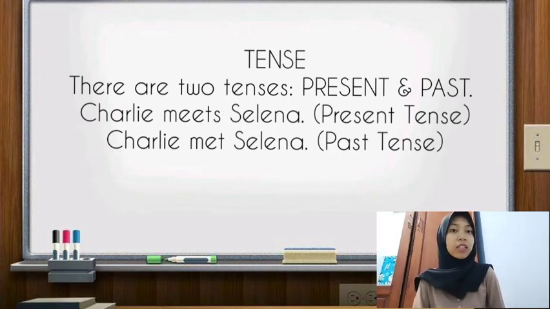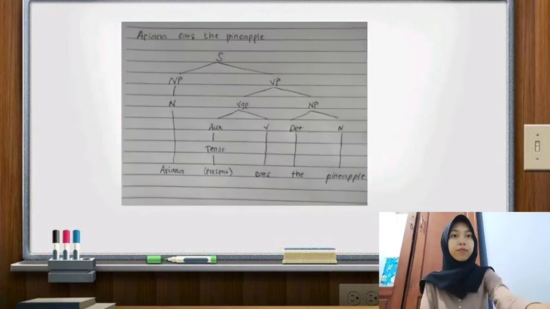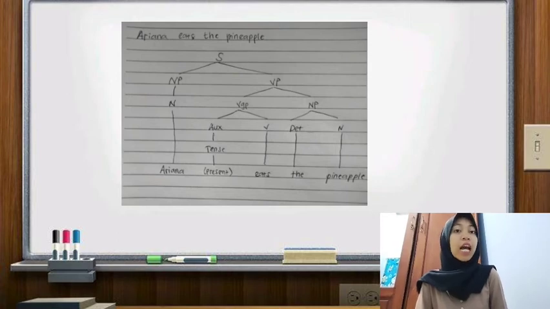I have one sentence. The sentence is Ariana eats pineapple. The three diagram of Ariana eats pineapple is subject, contains noun phrase and verb phrase. The noun phrase contains noun, and Ariana is a noun.